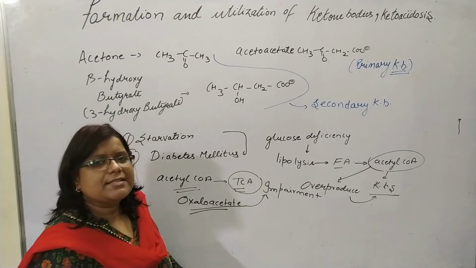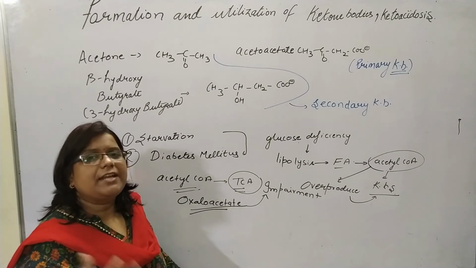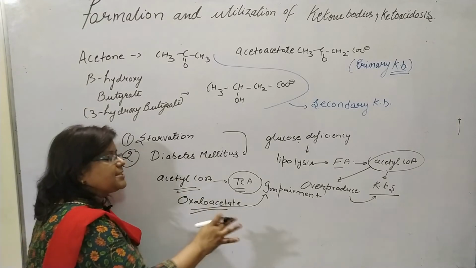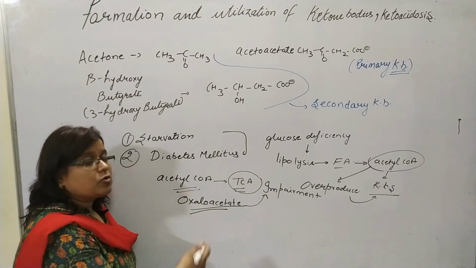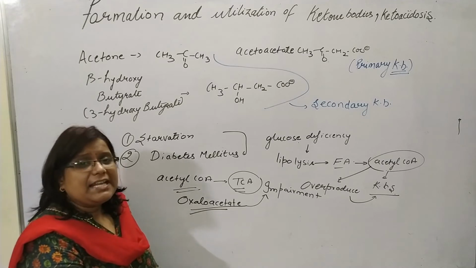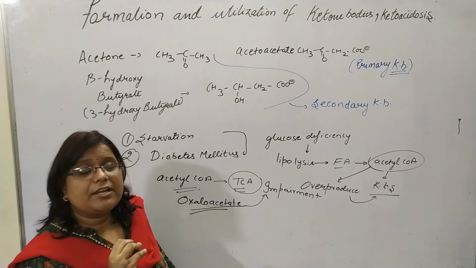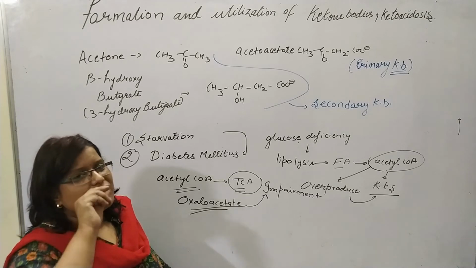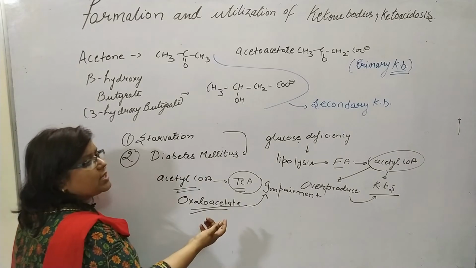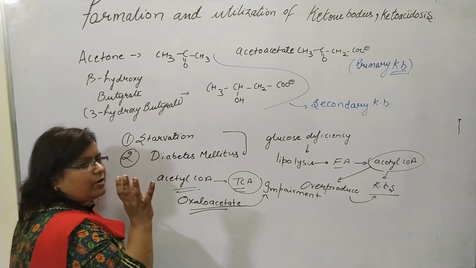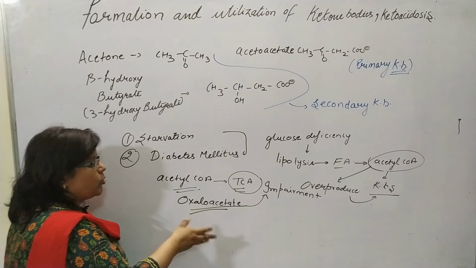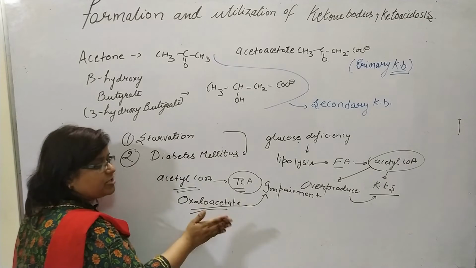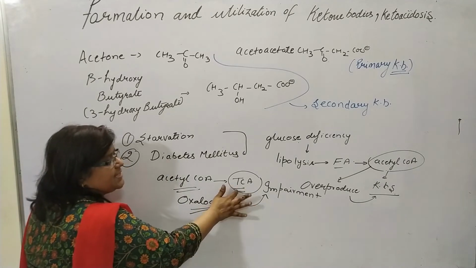Now the question should arise: where does the oxaloacetate go? Oxaloacetate is involved in the formation of glucose, because the cell needs to fulfill its glucose requirement.